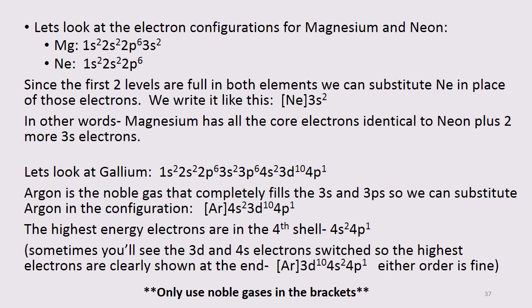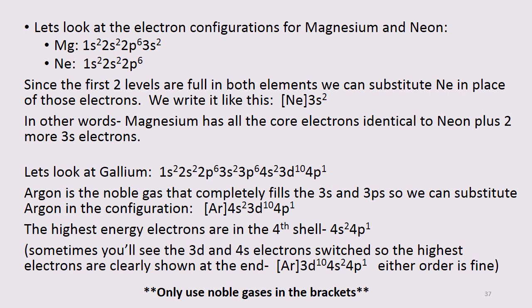All right, so let's look at gallium. Gallium ends with 1s2, 2s2, 2p6, 3s2, 3p6, 4s2, 3d10, 4p1. Now don't get too confused, because the highest closed shell would be the third shell, because it has its complete s's and p's.